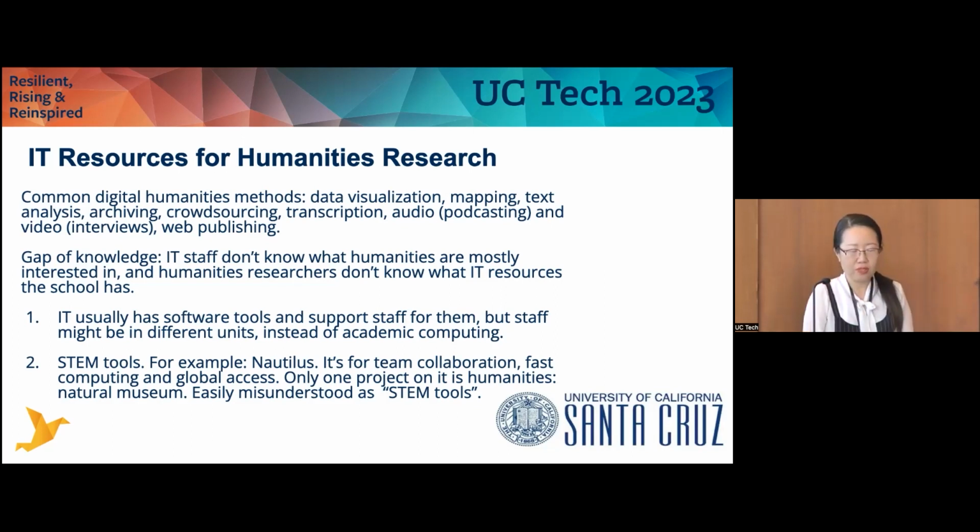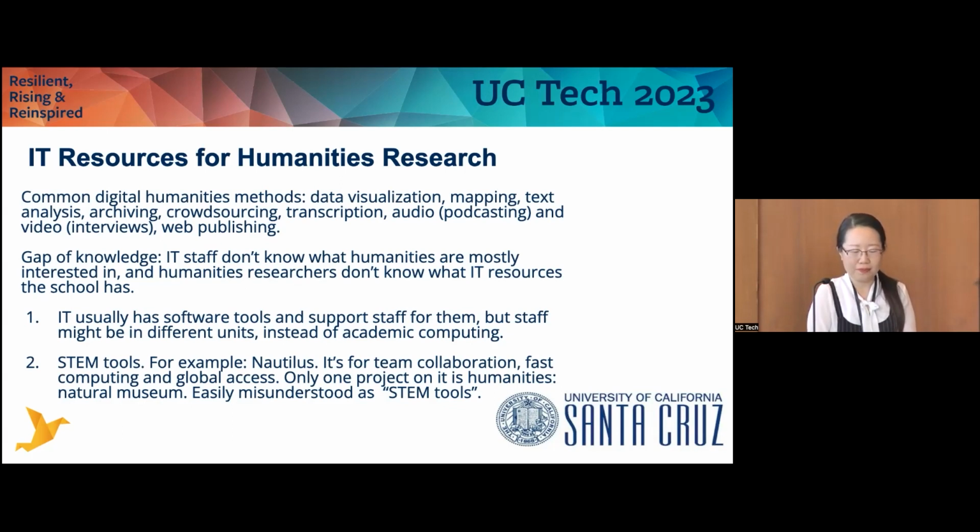So today Jeffrey and I would like to use this example called Nautilus. It is a research platform UC has, but our project is the first humanities project on it. There are hundreds of research projects on this wonderful platform that has fast computing, team collaboration, and global access, so you can access this platform from anywhere in the world.